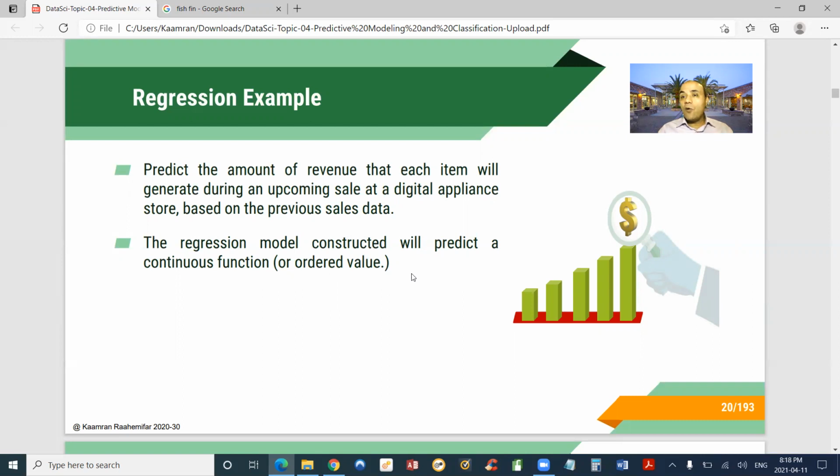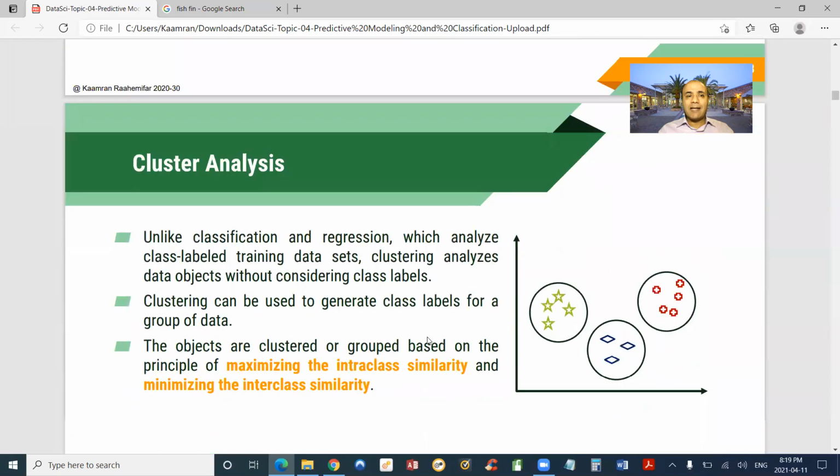Everything is perfectly known, and I have already seen the patterns of many customers coming to Walmart, Amazon, Costco, Sam's, so I would be able to predict what happens. Now, if I want to populate my shelf, I'm going to populate it with items that are going to be sold in this particular region, in this particular branch, in this particular store. I'm going to populate them more and more because that's going to be related to my revenue, okay? So that's the kind of regression analysis.